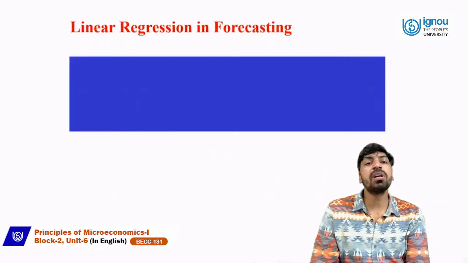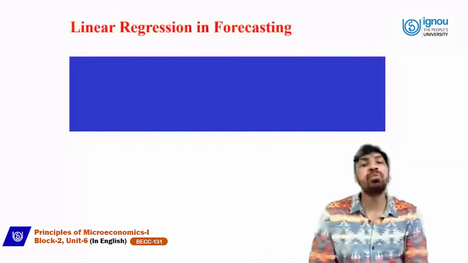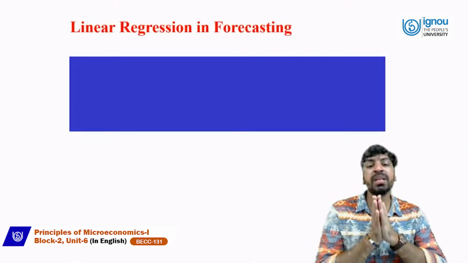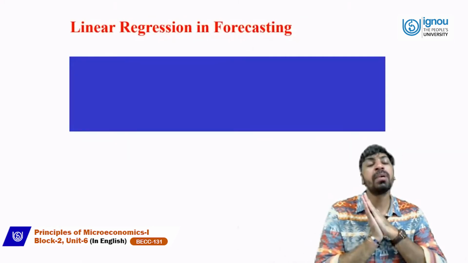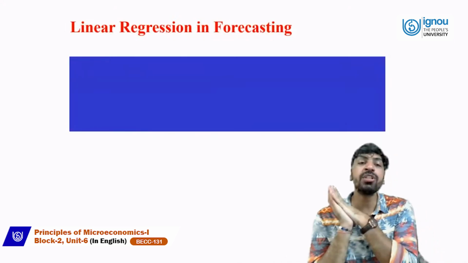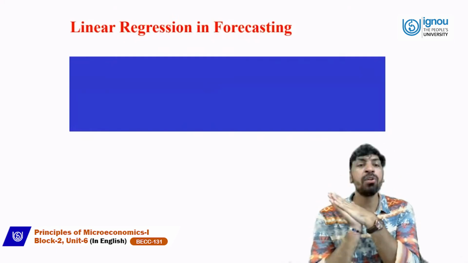Now, we talk about linear regression. What is regression? Regression portrays a relationship between one or two variables, whether these two variables have a positive or a smooth straight relationship, or a negative relationship between them or not.